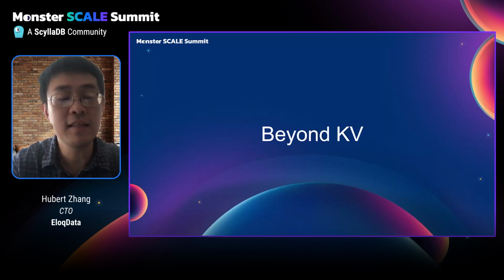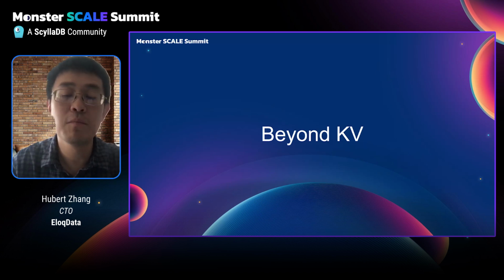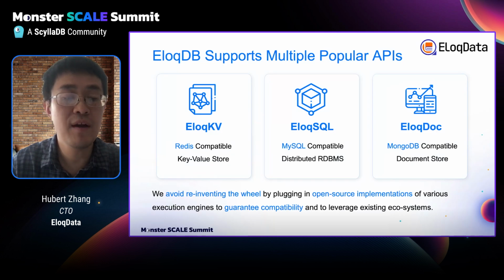EloqKV is a better solution to scaling Redis, but EloqDB is more than a key-value store. Previously, we talked about EloqKV. Actually, EloqDB also supports multiple APIs.